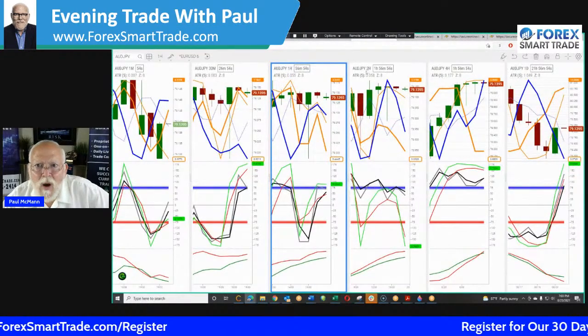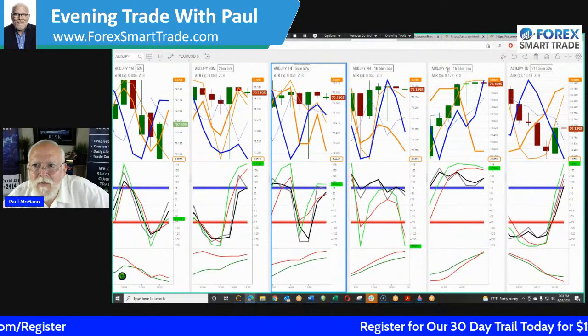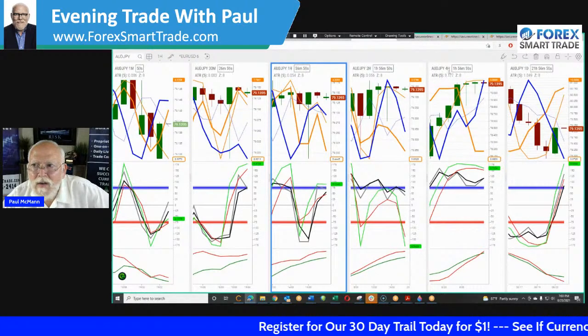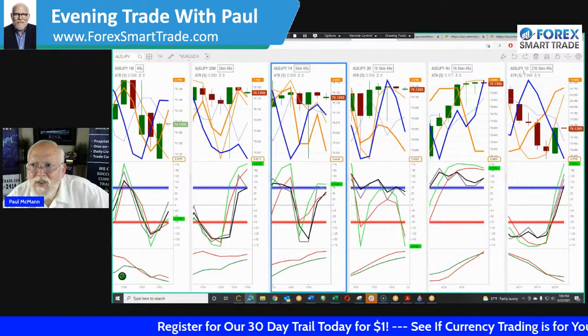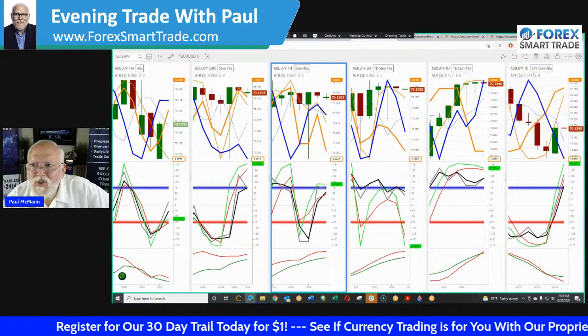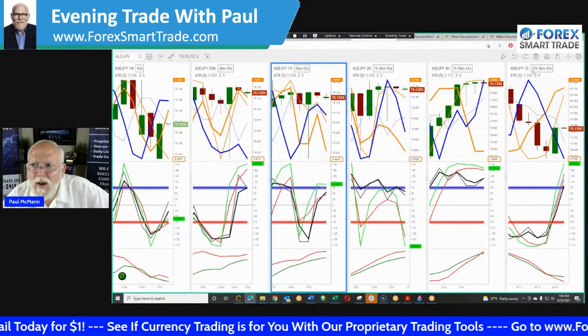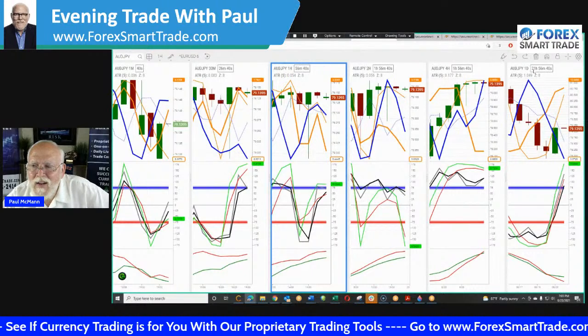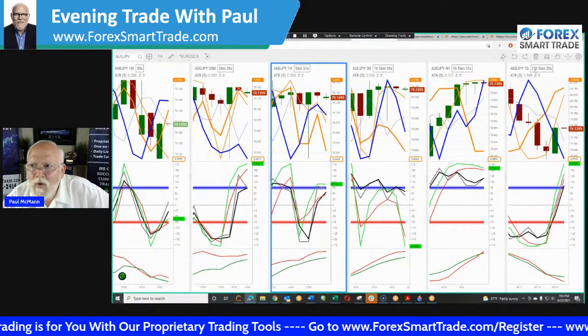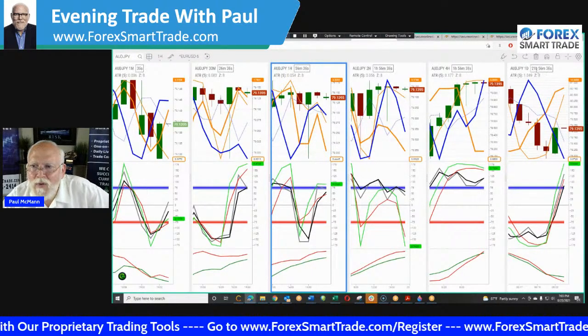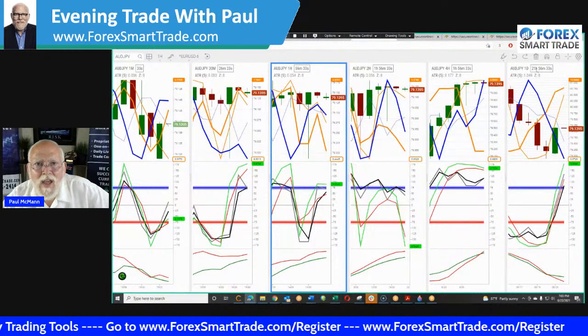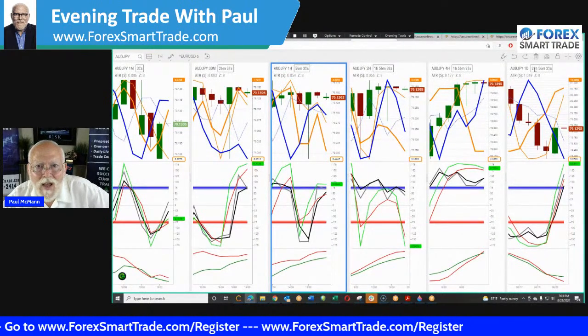This is a 2 hour chart. This is a 4 hour chart. This is a 1 day chart, but this is how much time is left on the candle. So there's basically 22 hours left on the candle. The new day starts at 5 p.m. Eastern time.